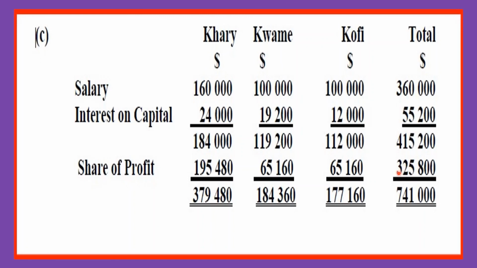Notice here that the amount we are sharing is 325,800, not the entire amount. It's the amount remaining after we have given them interest and salary to the total of 415,200.